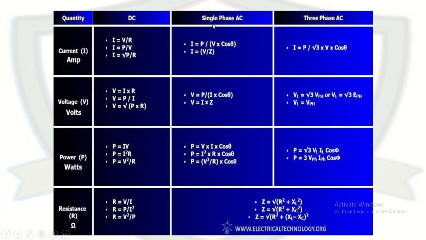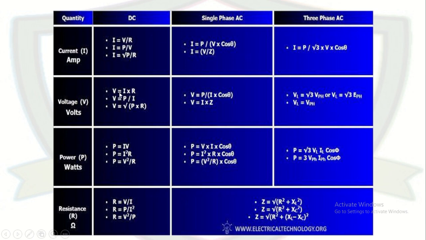Under single phase AC voltage, I equals P over voltage times cos theta. This cos theta means power factor. This power factor is not present under DC voltage. It occurs on AC, under single phase or three phase AC, so we must consider this power factor.